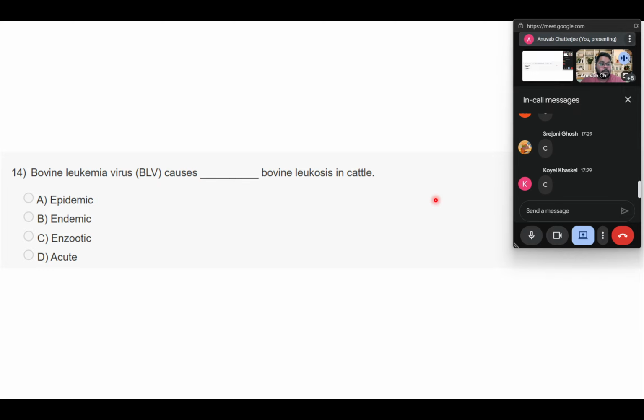Chanda, Ruksha, Srijani, and Koel as well. Also, it is C, enzootic.